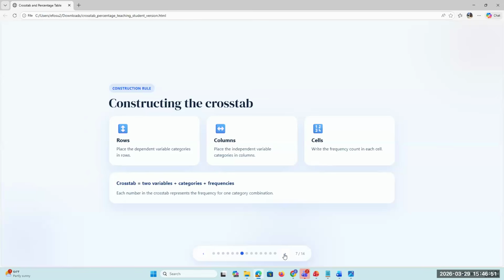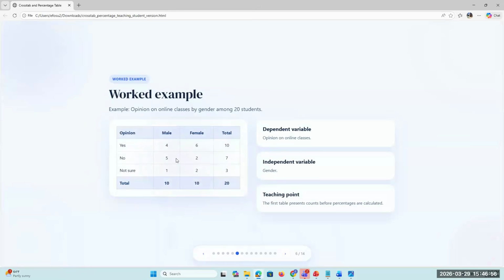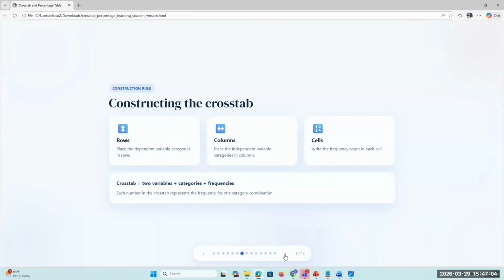So listen, let's go back to this. You see, we had the previous one, right? You see this one, right? Good. And the step is saying that the dependent variable is where? Row or column? The dependent variable will be on which side? Row. And the independent variable will be where? Columns. Keep that in mind.